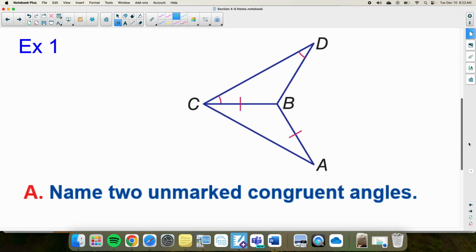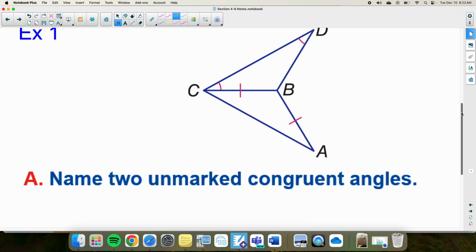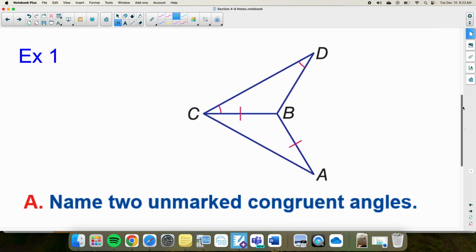So now this is a part of what your homework will look like. Notice here I have this drawing, and they're asking us in part A, name two unmarked congruent angles. To do that, you want to go to a triangle that has two congruent sides. And if you have two congruent sides, then you can say the angles across from them are congruent.